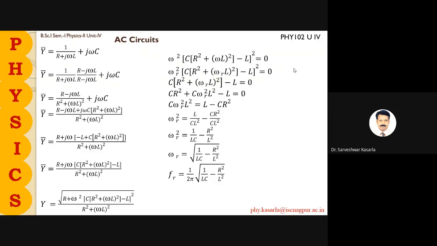In series resonance, the current is maximum at resonance and impedance is minimum. But here in the parallel resonance circuit, the current is minimum because impedance is maximum and admittance is 0. Is that clear? So this is the case of the parallel resonance circuit.